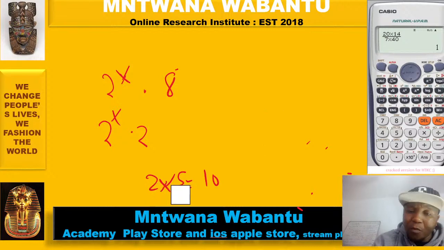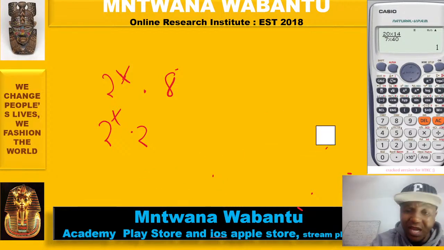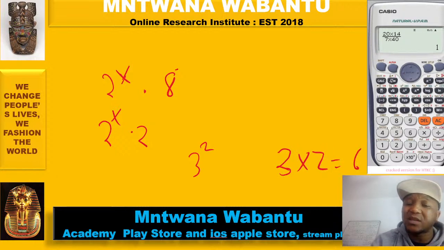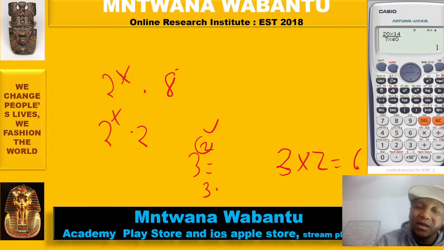It is different. 3 squared is not 3 times 2, because 3 times 2 equals 6. But 3 squared is 3 multiplied by itself twice, which equals 9.